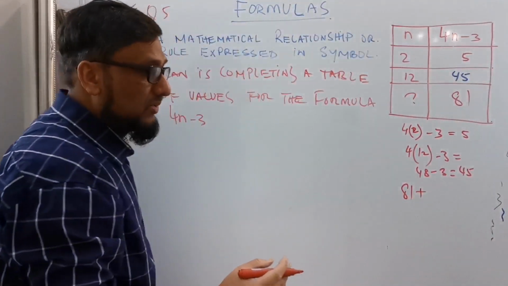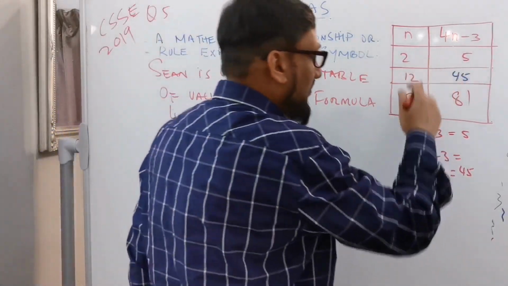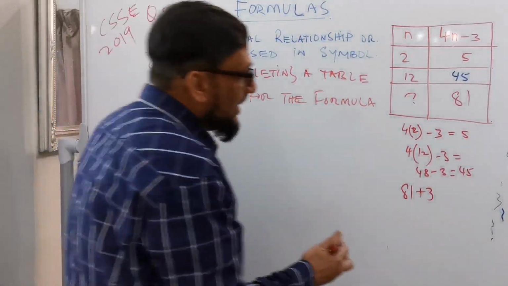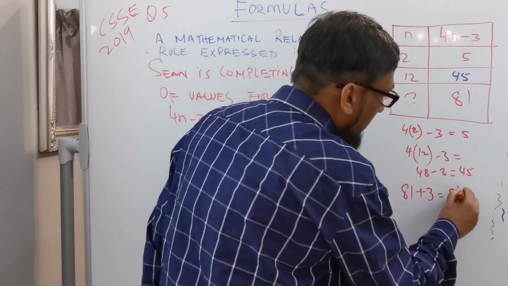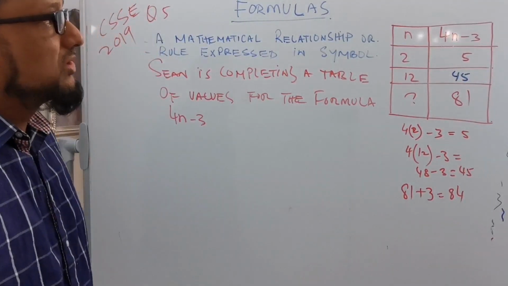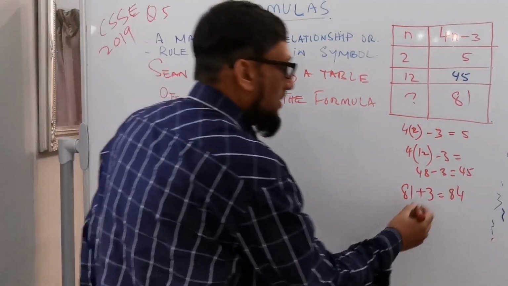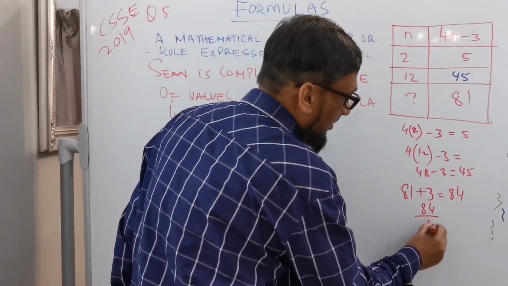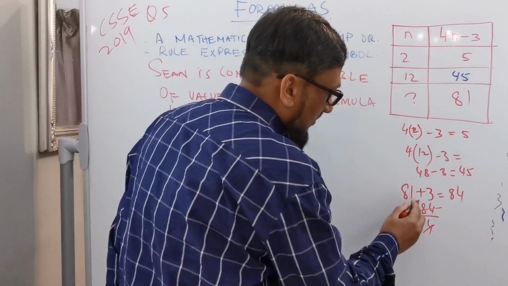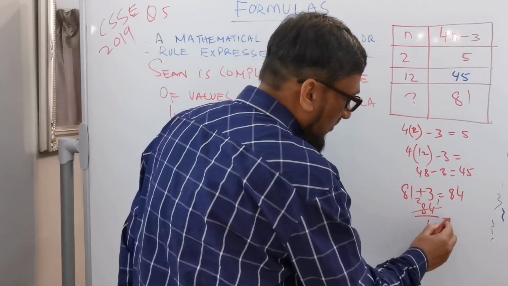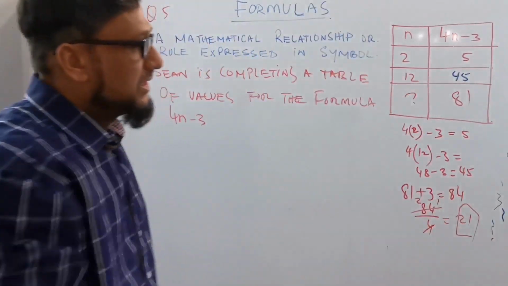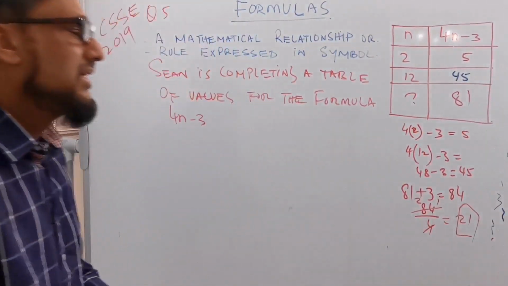So when we do the reverse calculation, we add back 3 instead of subtracting. 81 plus 3 is 84. And this is 4 times n. The inverse of times is divide. So divide by 4. 4 times 2 is 8 and 4 times 1 is 4. So what was the value he entered? The value entered was 21.